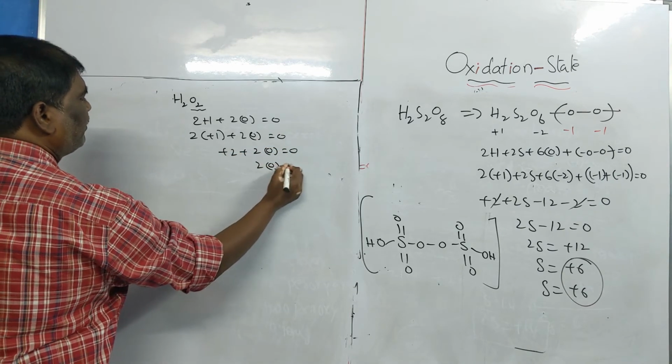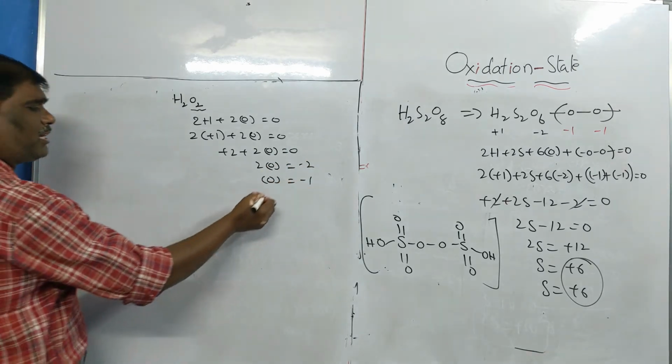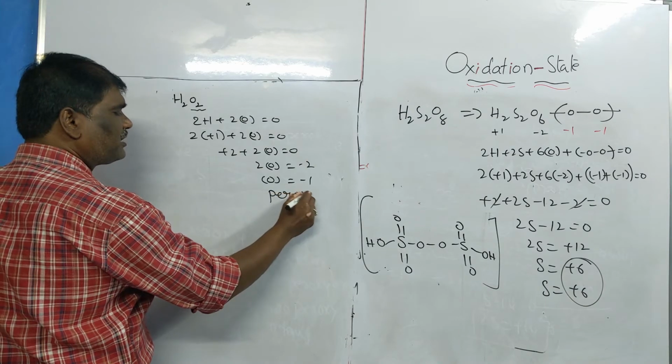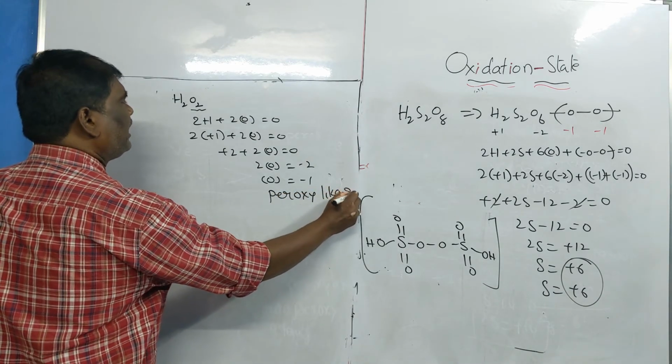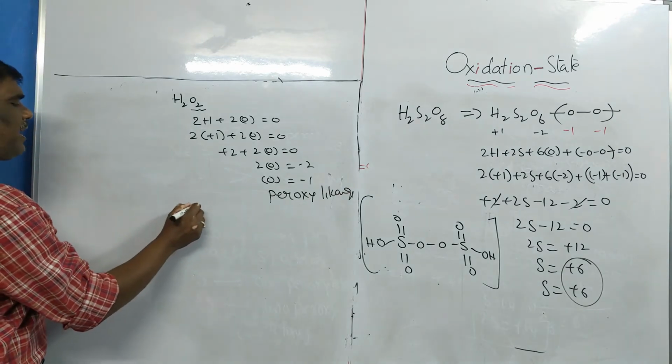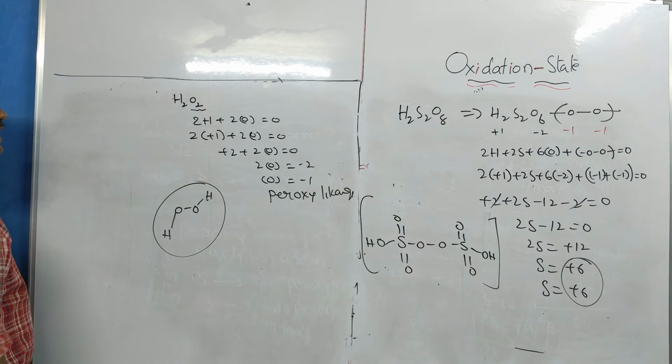For 2 oxygens -2, for each oxygen -1. Whenever oxygen has -1 oxidation state, that is called a peroxy linkage. So there exists a peroxy linkage. Now the geometry is like this, so this is known as hydrogen peroxide.